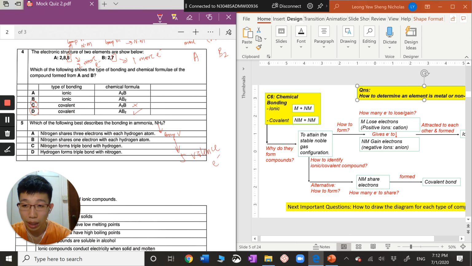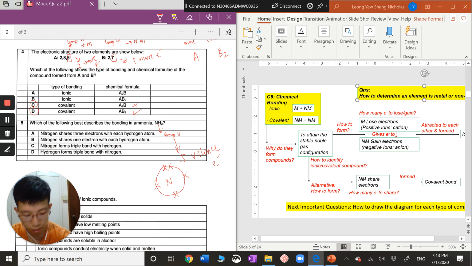So now let me draw the N first, just drawing the valence electrons. Now I have 3 hydrogens that are sharing.